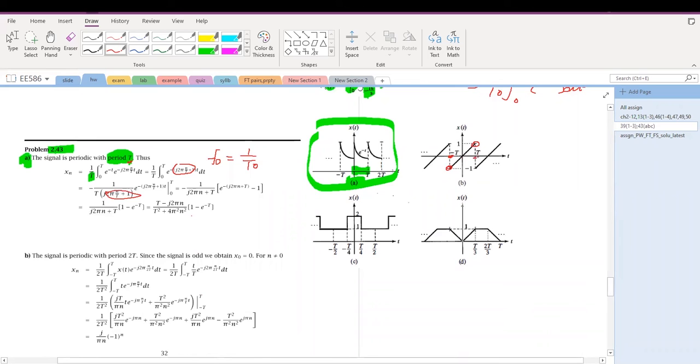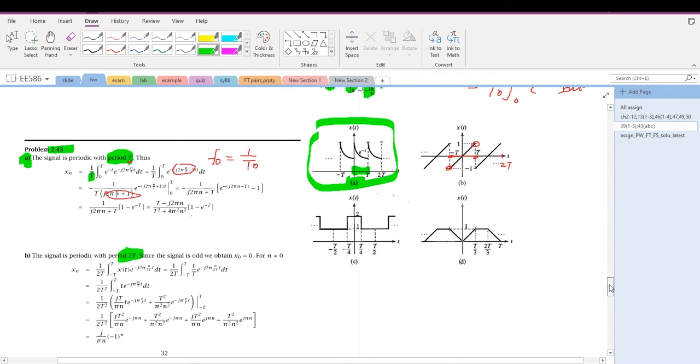The second one here, if you look at the graph here, this is a linear function. The period is 2T because you can see the waveform repeats itself every 2T seconds. This will be 2T here. And so therefore the period is 2T.